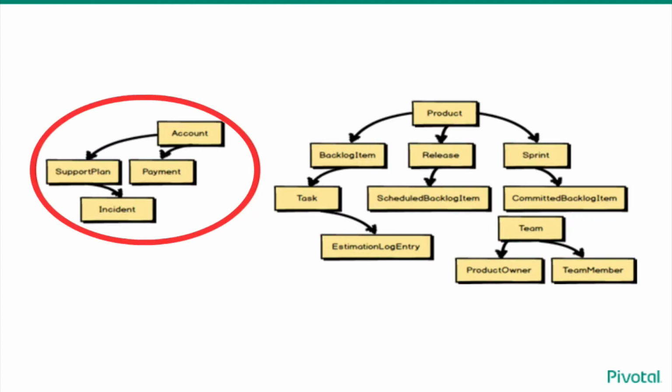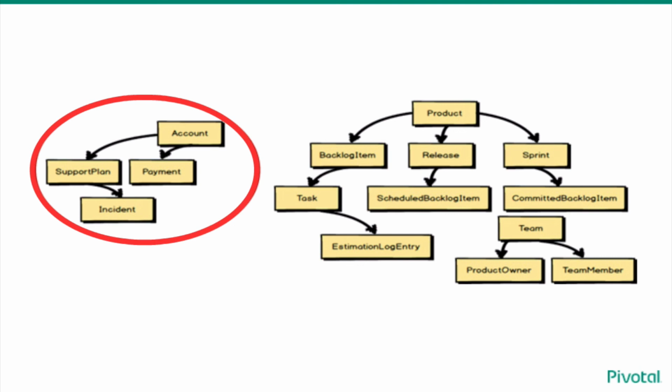On the other hand, what about account, support plans, payments, and incidences? These are very important. We certainly need to support our users, and we have to get paid for what we're doing, or we'll go out of business. But these have nothing to do at all with the language of Scrum.